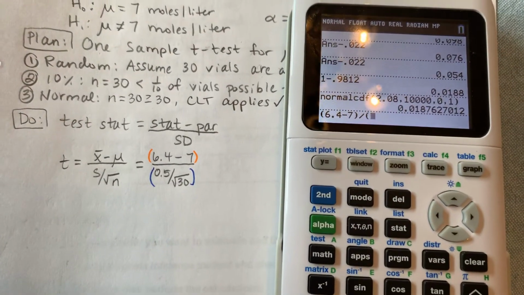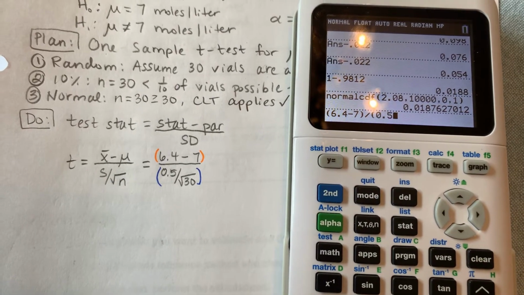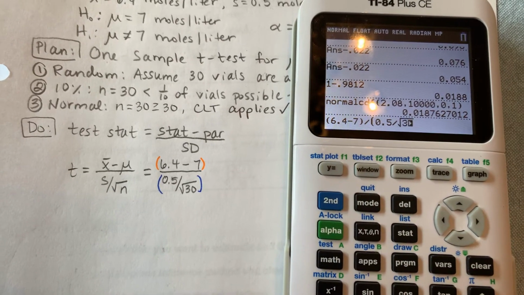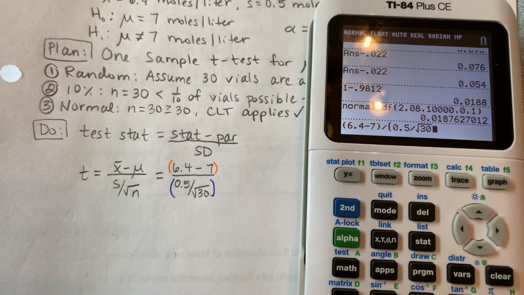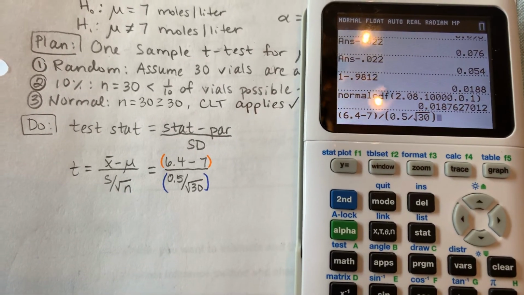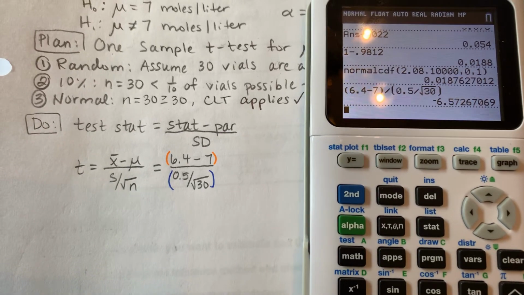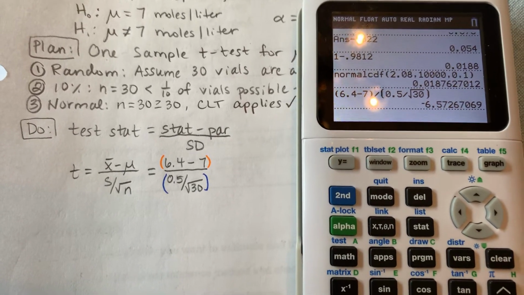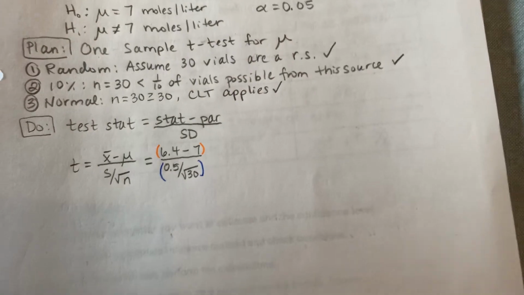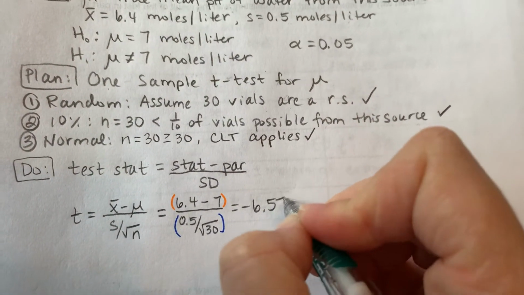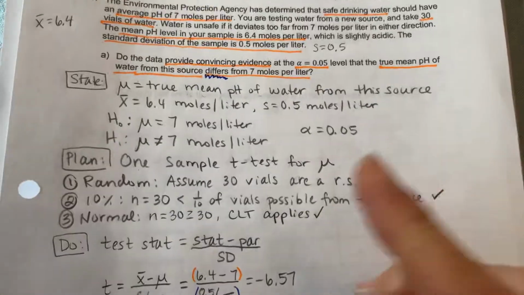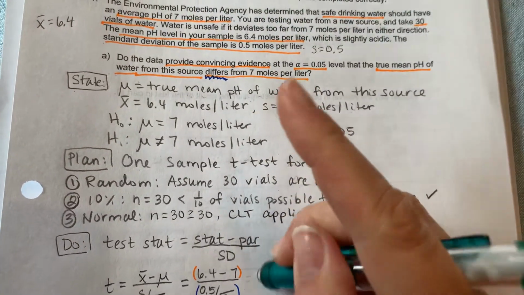So again, put parentheses around the bottom as well: 0.5 divided by the square root of 30, and put my end parentheses outside of the square root. All right, I get negative 6.57 if I round to 2 decimal places.